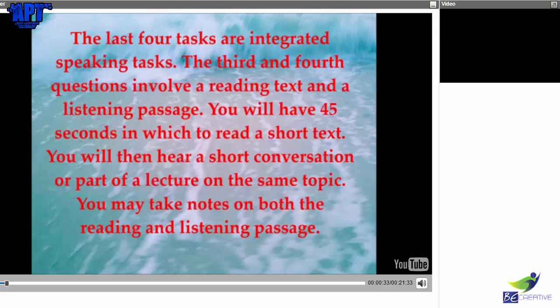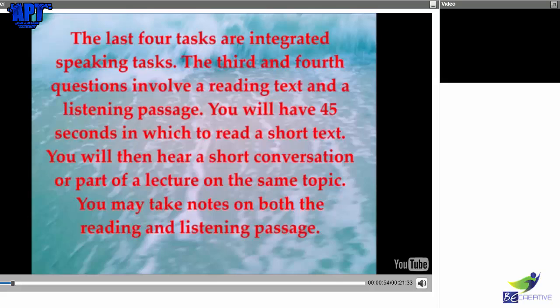The last 4 tasks are integrated speaking tasks. The third and fourth questions involve a reading text and a listening passage. You will have 45 seconds in which to read a short text. You will then hear a short conversation or part of a lecture on the same topic.